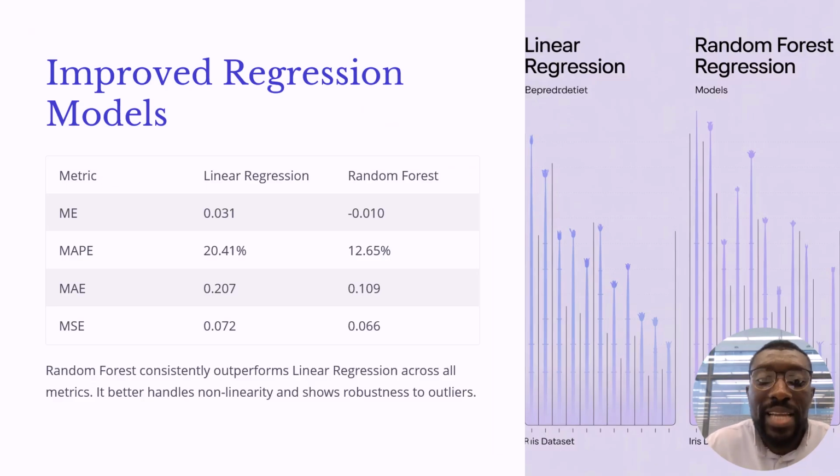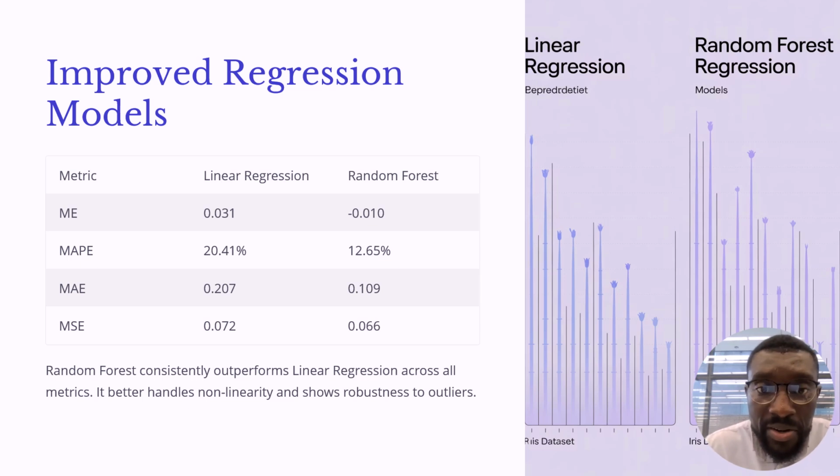The key factors that helped us gauge and quantify the results were the metrics here: the mean absolute percentage error, the mean absolute error, and the mean squared error.